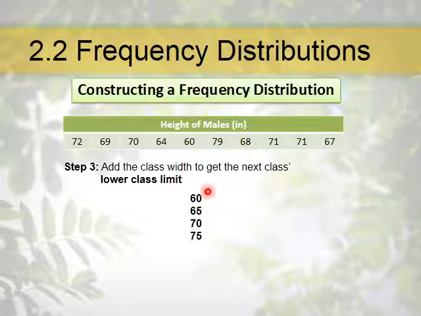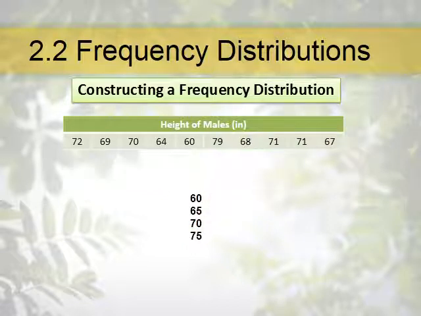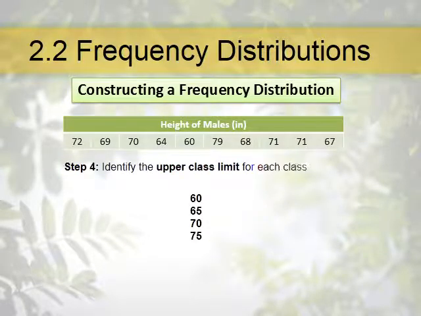Now our upper class limit is going to depend on our data. So if our data had 1 decimal, I would go to 64.9. If our data had 2 decimals, I would go up to 64.99 for my upper class limit of my first class.